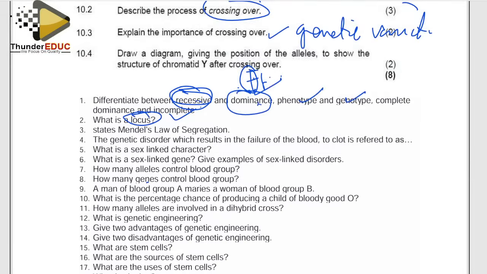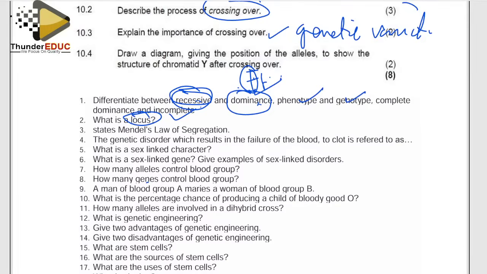Then when you talk about Mendel's law of segregation, here you are trying to describe that all organisms have two, in monohybrid, two alleles which control a specific character. So these alleles separate during meiosis. You understand? So that each gamete will contain one allele of that particular characteristic.